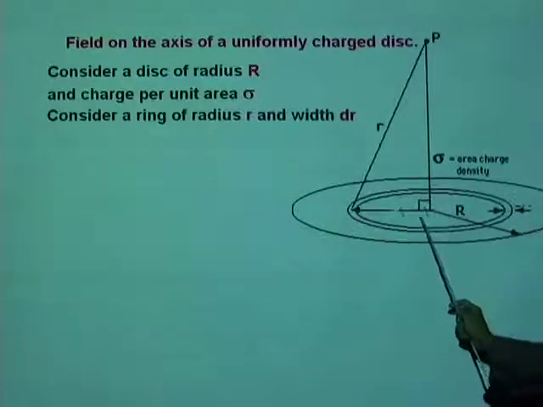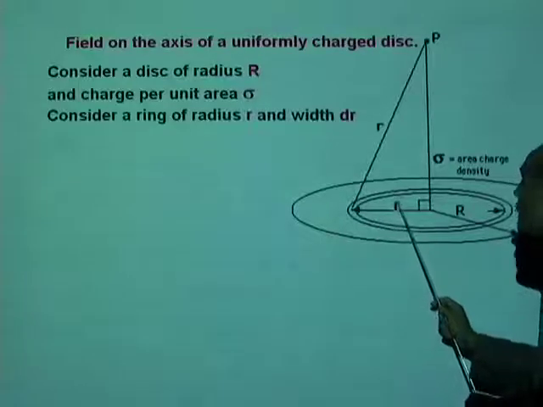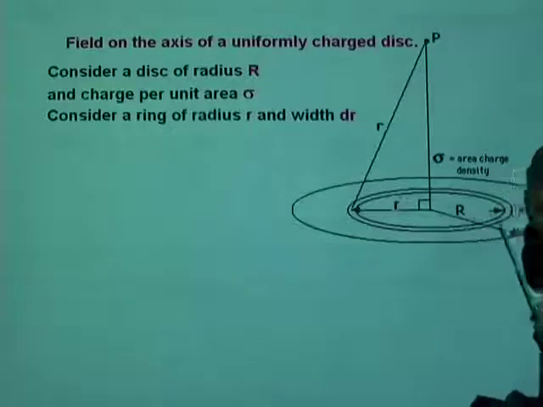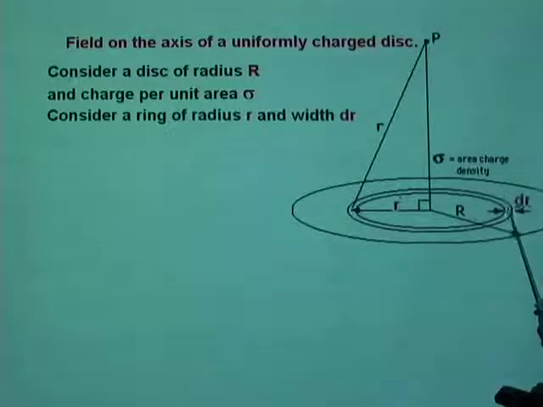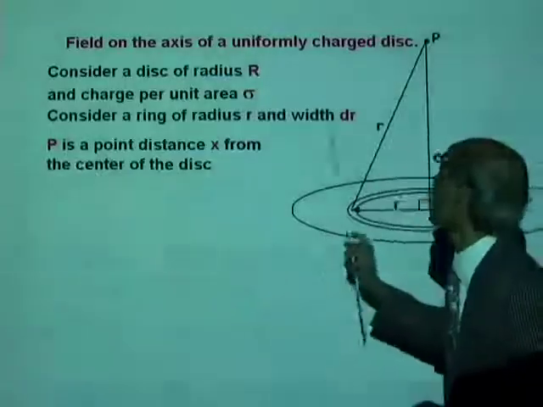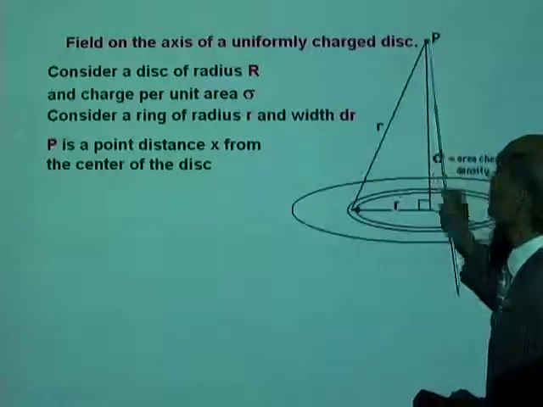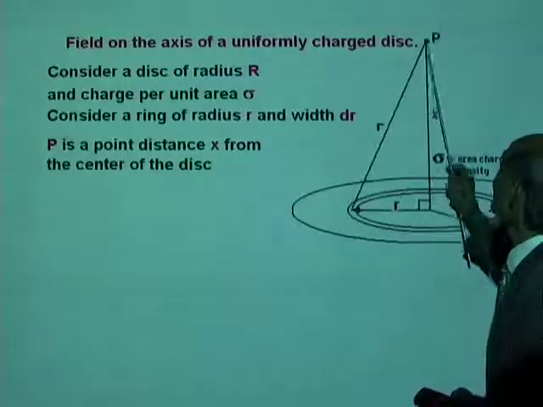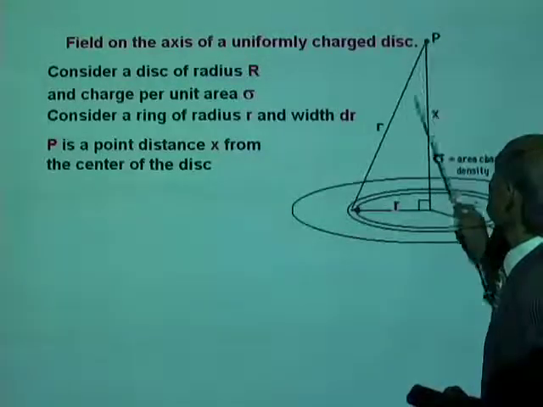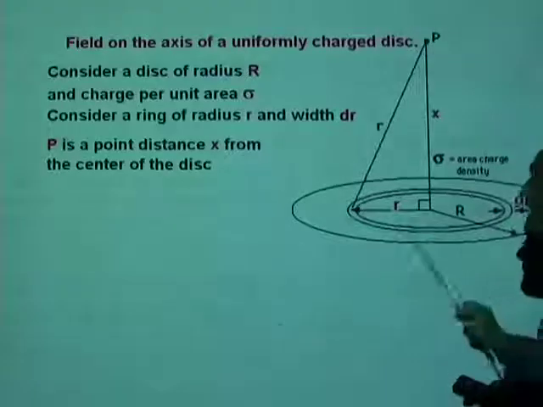The radius of this ring is small r, and its width is dr. This width is dr. Alright, P is a point distance x from the center. This is the distance x. We need to find the electric field at P due to this entire disk.